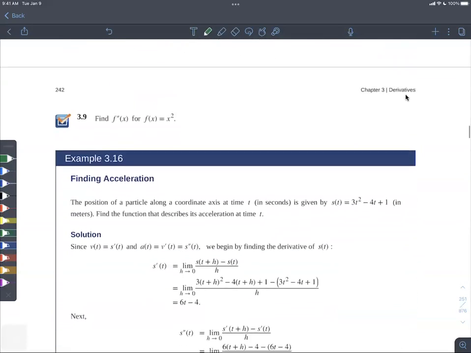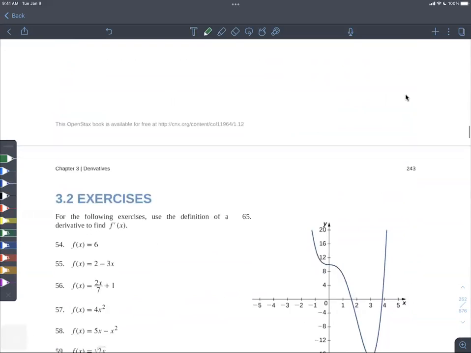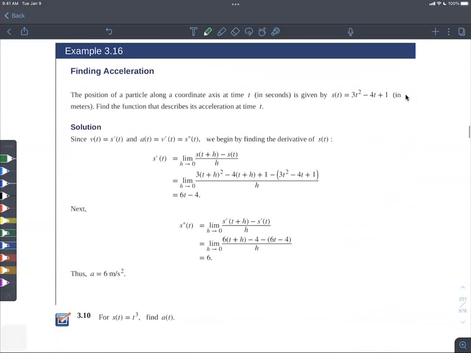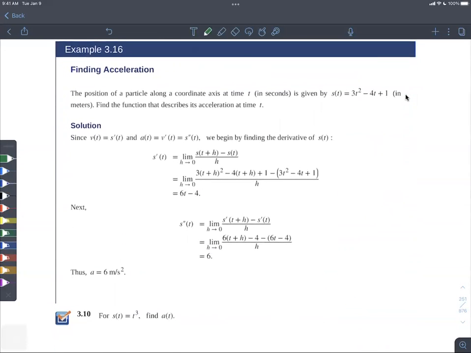Okay. Oh, maybe that wasn't the last example. There's one more. So briefly talking about this one here. How do we find acceleration? Well, in example 316, the position of a particle along a coordinate axis at time t in seconds is given by s of t in meters.